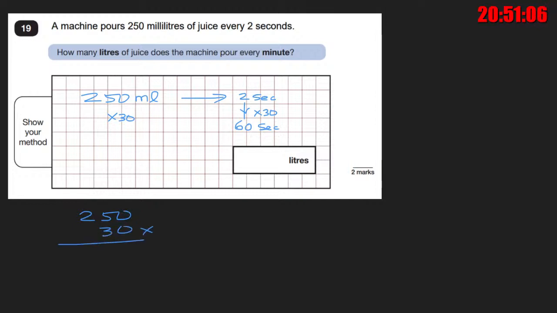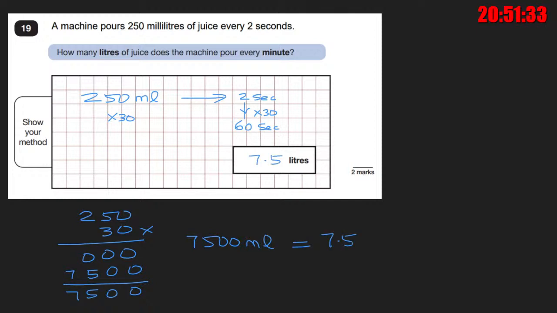You can do it various ways. You can times by 10 and times by 3, or you can do the normal long multiplication: 0, 0, 3 times 0, 0, 3 times 5, 15, 1, 3 times 2, 6 plus 1, 7, so 7,500 milliliters, and that is going to be 7.5 liters. So 7.5 liters is the correct answer.